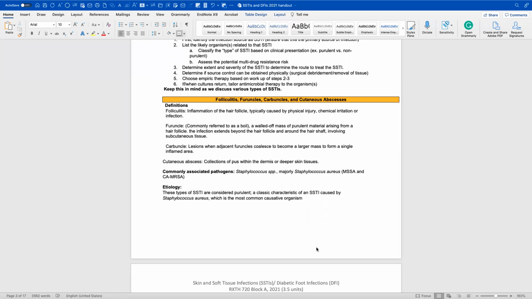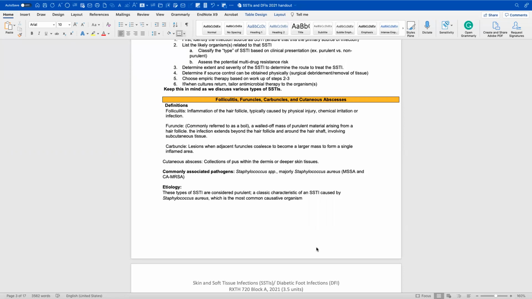So commonly the pathogens that are associated with these types of SSTIs are staph. We know that staph is a skin pathogen, right? So it's very easy for you to maybe have an ingrown hair. It's very easy for you to scrape your skin, and then the staph get into that site and cause infection. So majorly Staph aureus, and it can be MSSA, or it can be community acquired, which is what we see a lot of times in terms of skin and soft tissue infections.